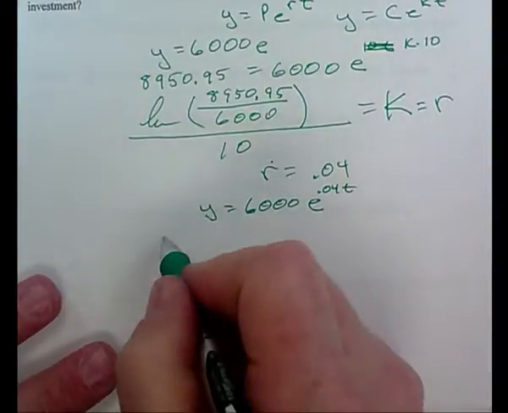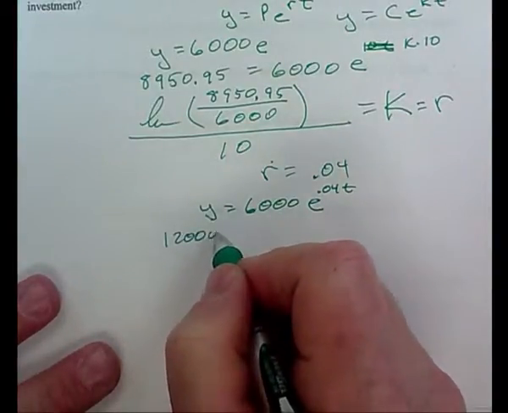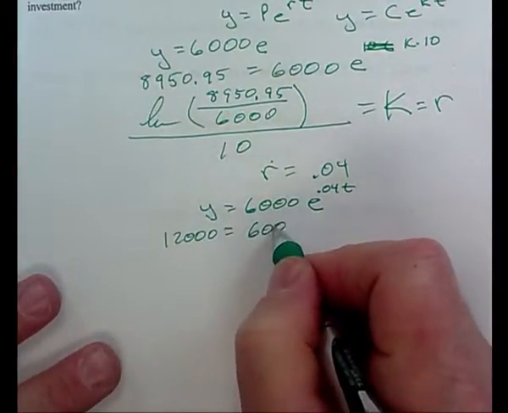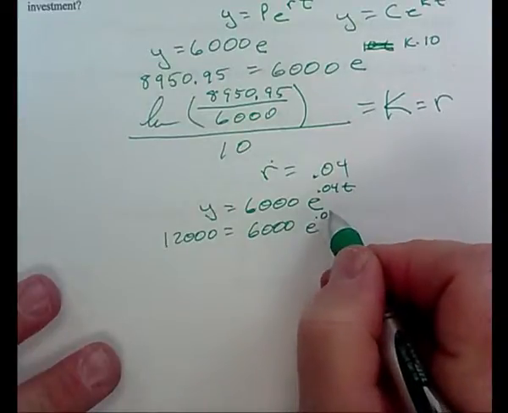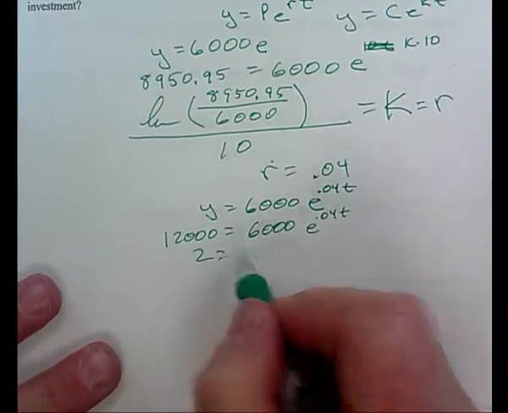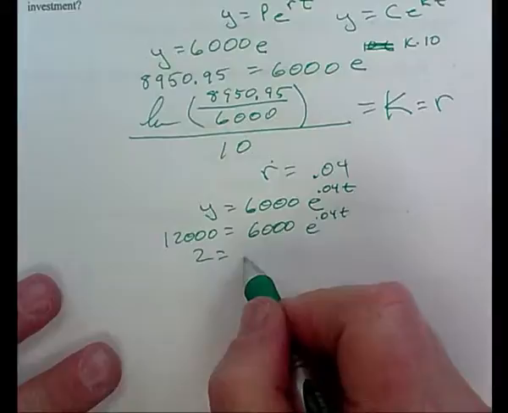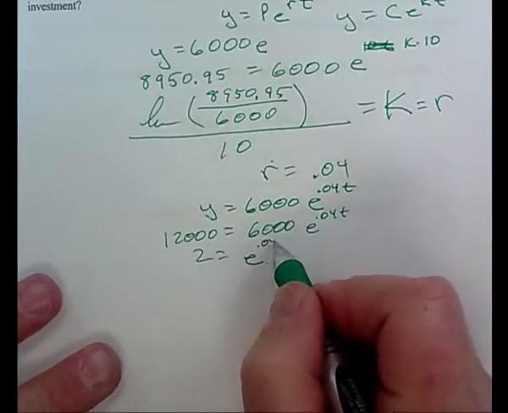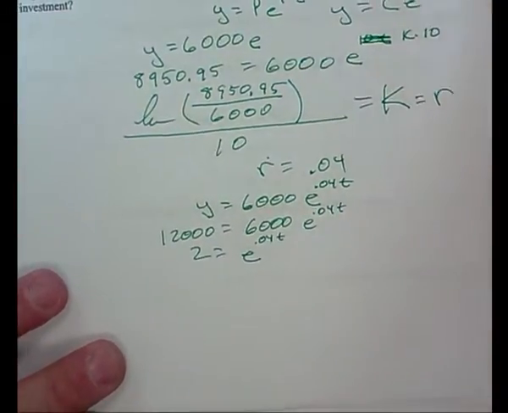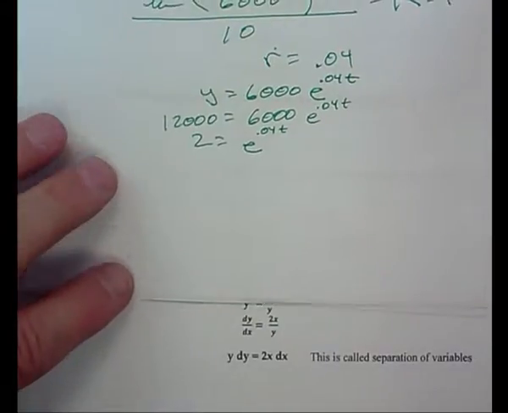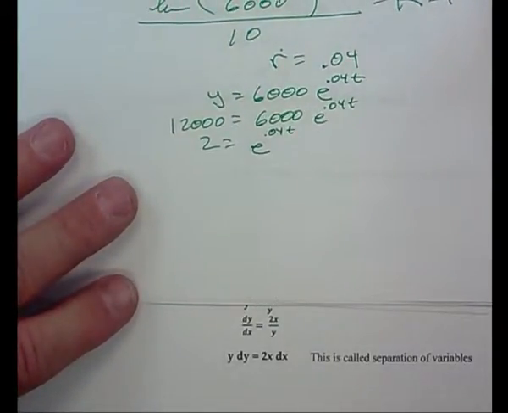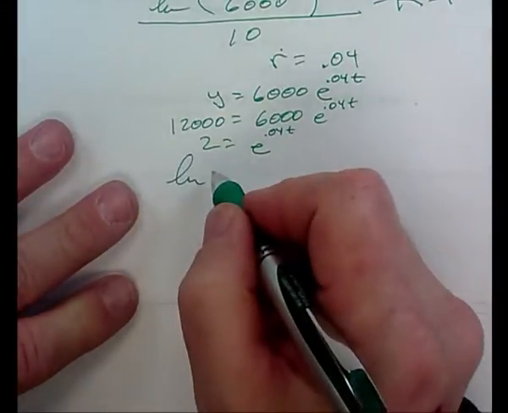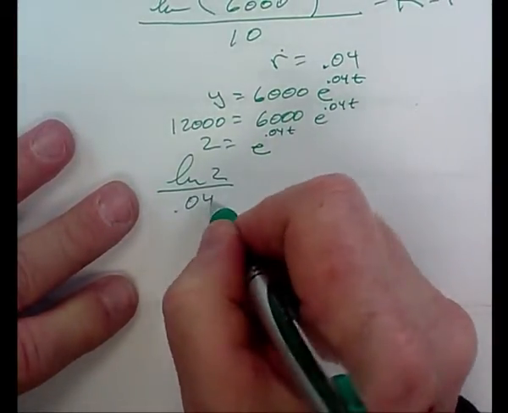12,000. And I could have skipped this part and said 2 equals e to the 0.04t. What's my next step that you're going to tell Tegan to do, Ryan? Natural log of 2 divided by 0.04.